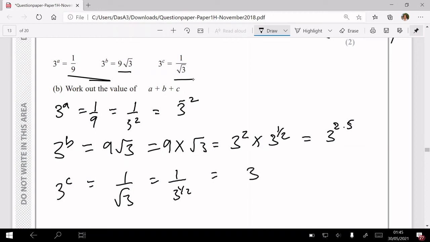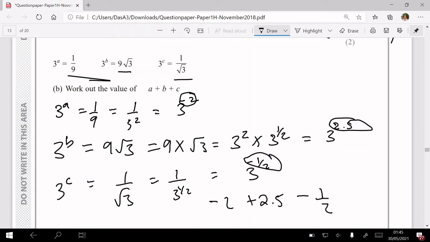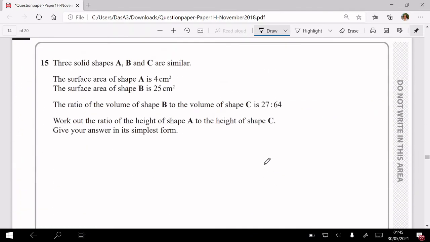That becomes 3 to the power of minus half. So overall, to do a plus b plus c, that is minus 2 plus 2.5 minus a half, which should give you 0. So that's it. Let's move on to the next one.